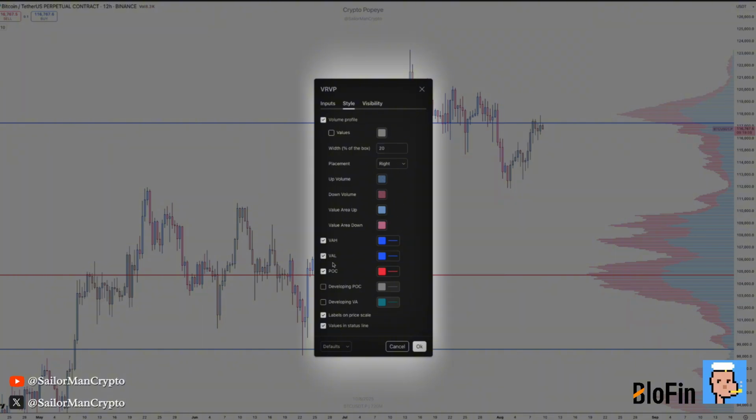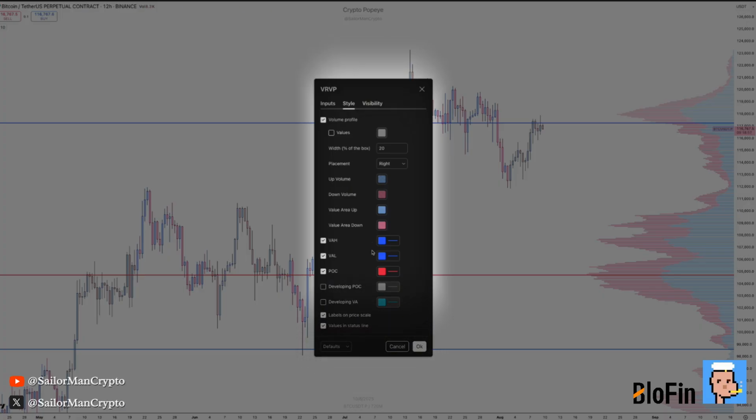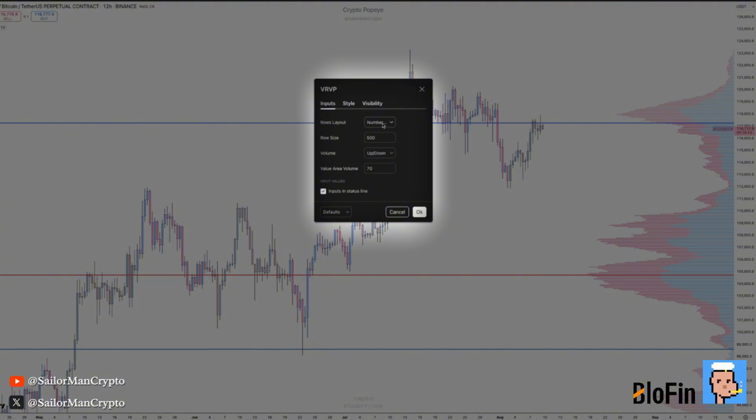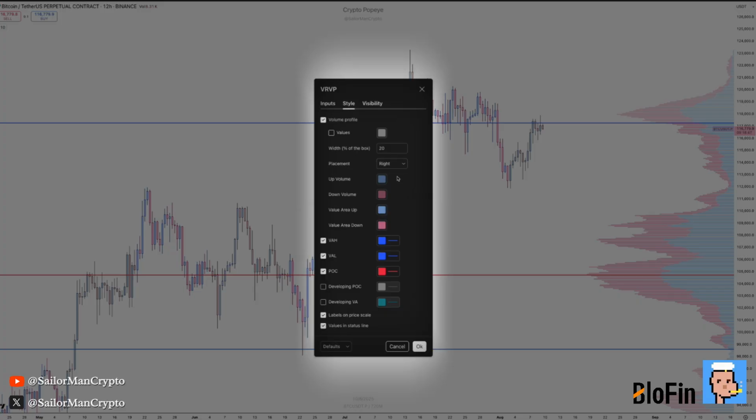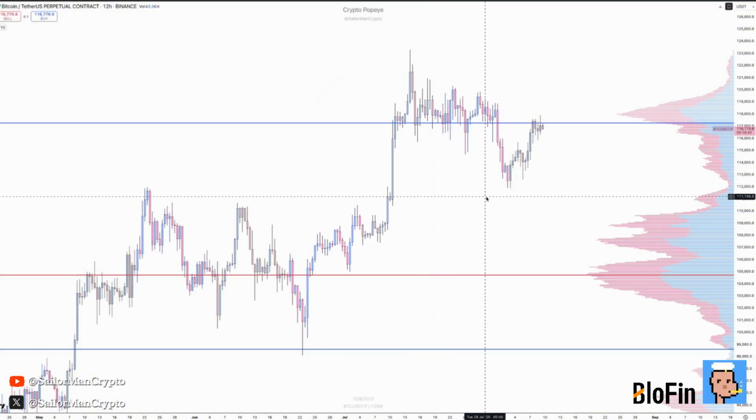I usually just show the point of control, but sometimes I also flag the value area high and value area low, and I like to keep the placement on the right. So these are the simple settings that I use. Then you can play with color and whatever.